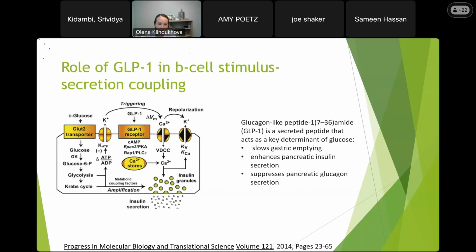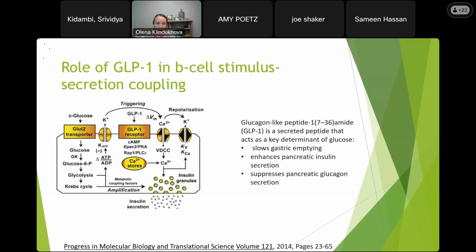So the classic approach, as I showed in the earlier study, is that once GLP-1 connects to the GLP receptor, it causes insulin release, insulin secretion.